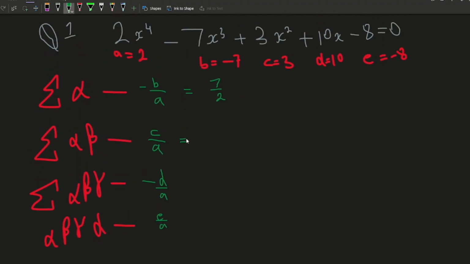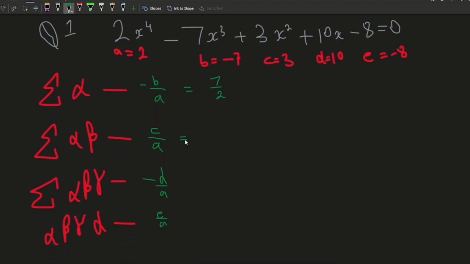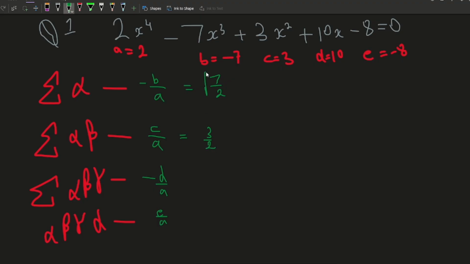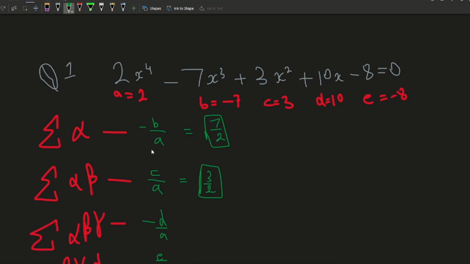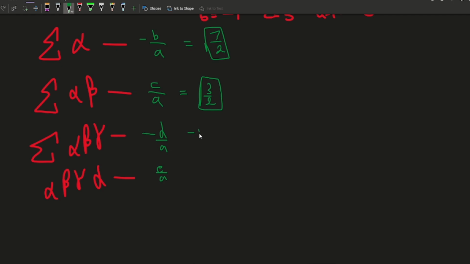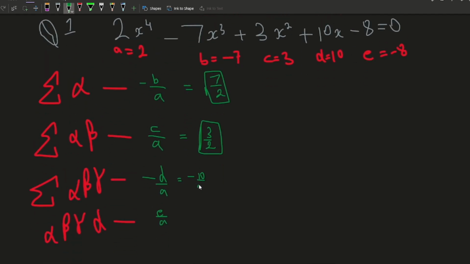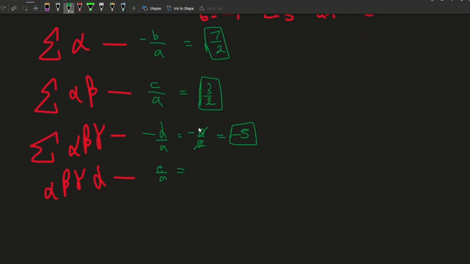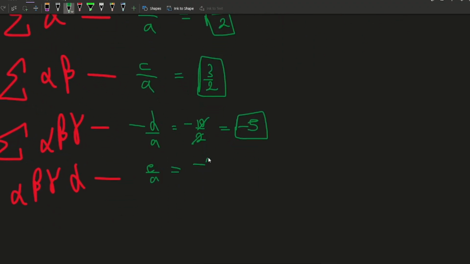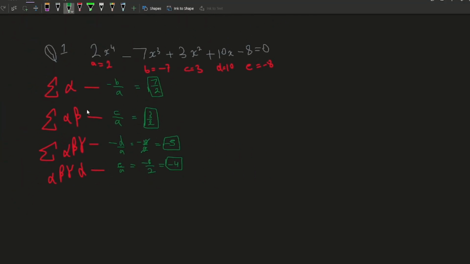And the sum of pairwise products will be 3 over 2, and the sum of triple products of roots will be minus d over a, which is minus 10 divided by 2, which is minus 5. Now lastly, the product of roots, e over a. e is minus 8, a is 2, minus 8 divided by 2, which is equal to minus 4. So this is our question number 1.